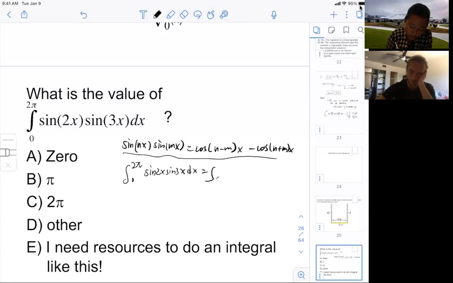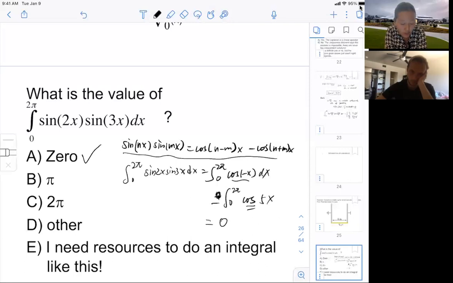The integration becomes cosine of negative x dx, and you have minus, sorry, cosine of 5x. But no matter what, each of them becomes 0 when you do the integral. So it's going to be 0. Okay, so A is the correct answer. Unless n is equal to n prime, you will get 0.